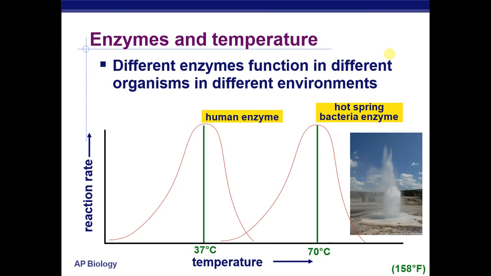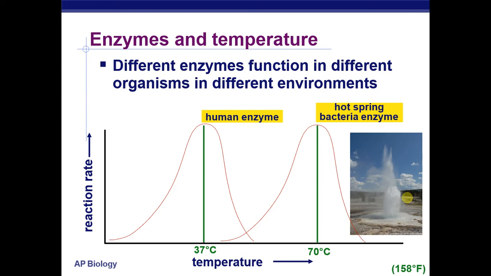So, for example, there are enzymes that thrive and live in hot springs. This isn't actually a hot spring. This is a geyser in Yellowstone, but the same type of environment. Their optimal temperature is 70 degrees centigrade, so almost boiling, whereas in humans, most enzymes are around 37.